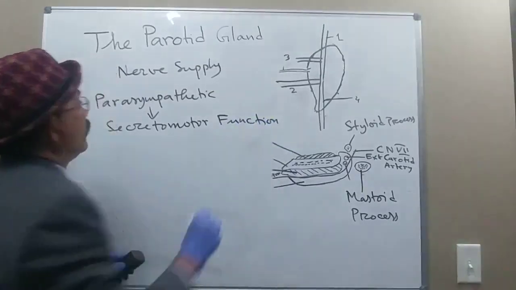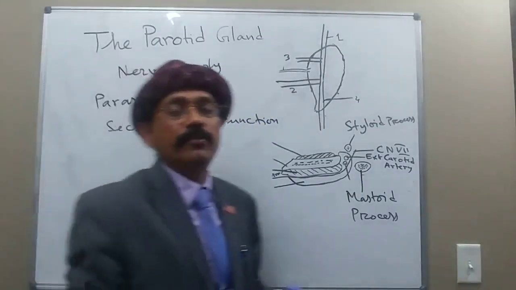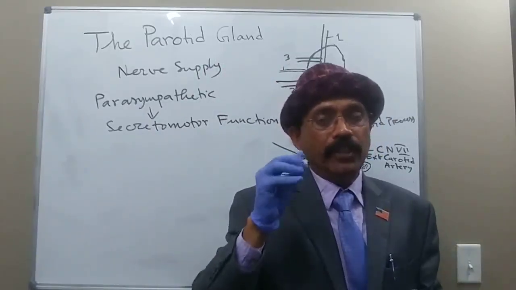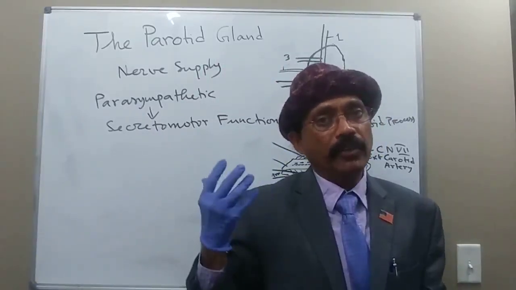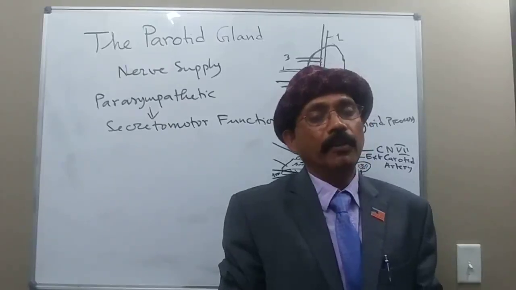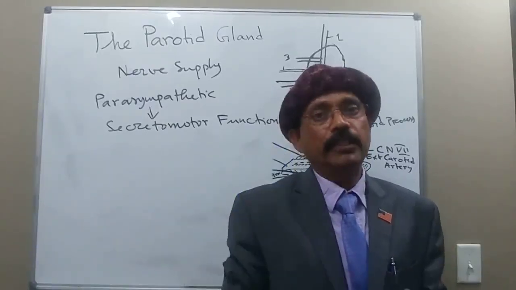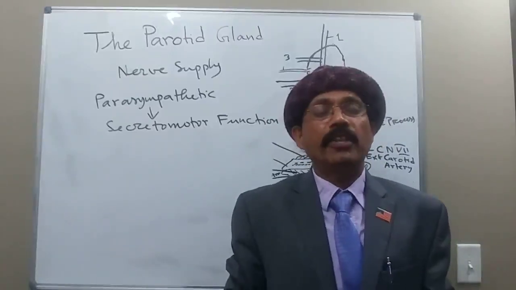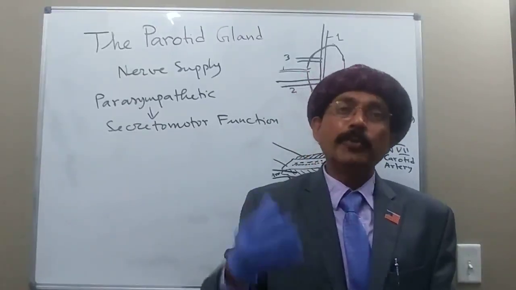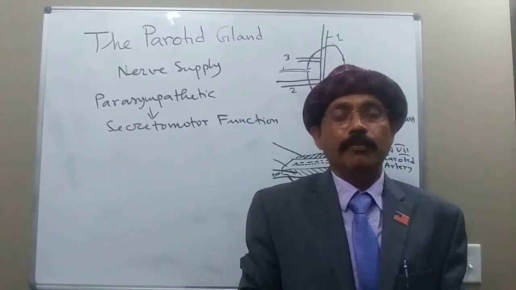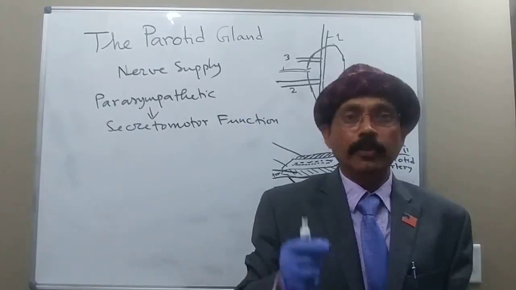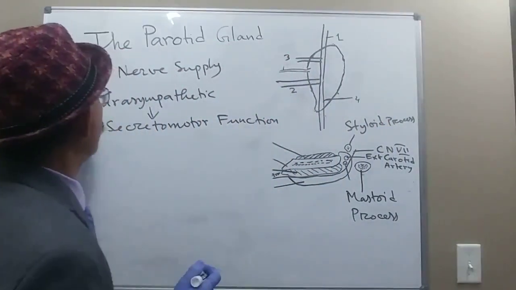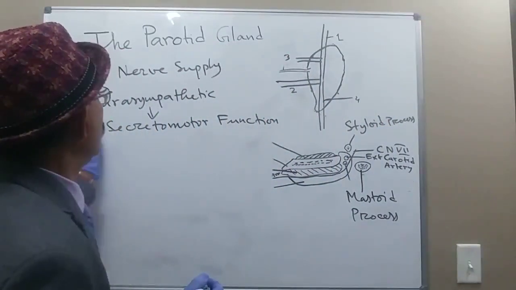That means parasympathetic stimulation will increase the secretion of the parotid gland, and that will be serous gland because it contains serous acini. Okay, this is watery, not sticky. With parasympathetic stimulation, there will be copious secretion of the saliva from the parotid gland. It will be thinner.